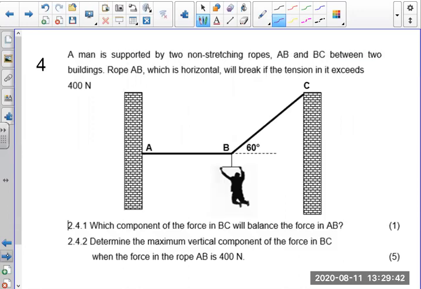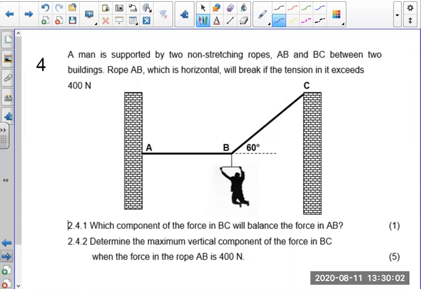The next one is this one. Now, immediately you can see here, a man supported by two non-stretching ropes. So I will immediately see this as a type B question. Okay. Which component of the force in BC will balance AB?